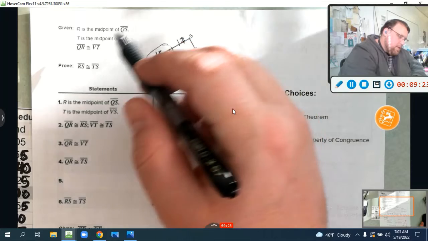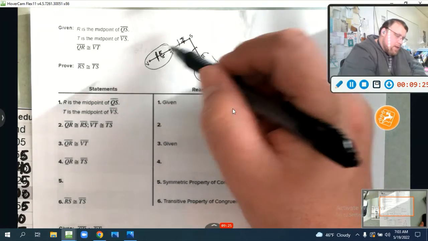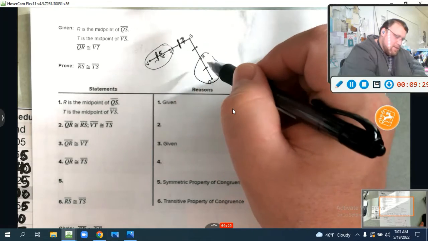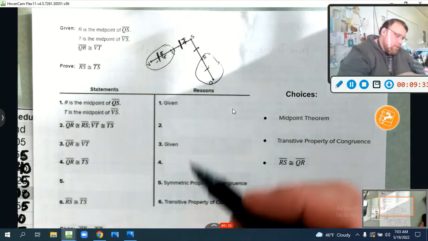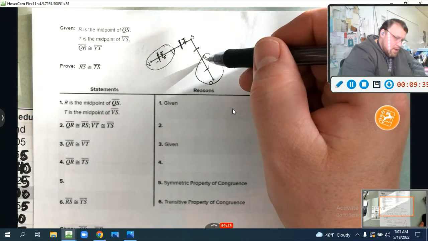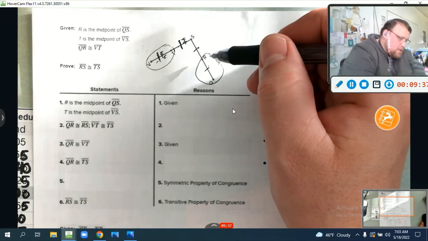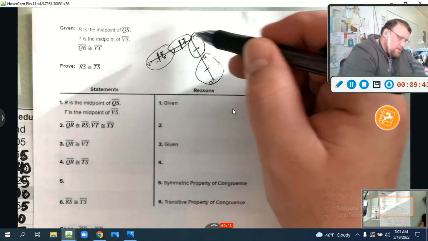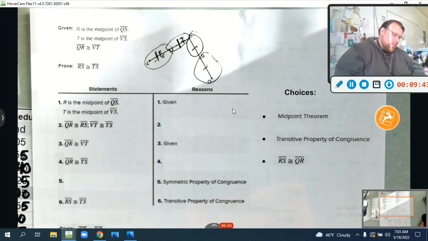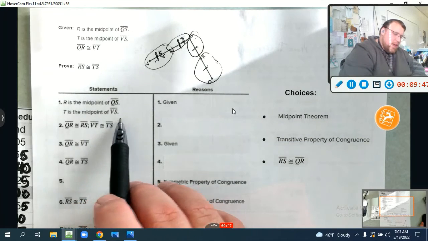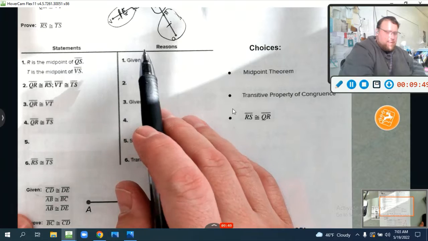Oh, my bad. That was part of the given. So because QR is equal to VT, I can say these are all the same length, right? And what we now need to prove is that RS right here is congruent to TS, which we can see, but we got to prove it, okay? R is the midpoint of QS, T is the midpoint of VS, that's all given. That's great, okay?